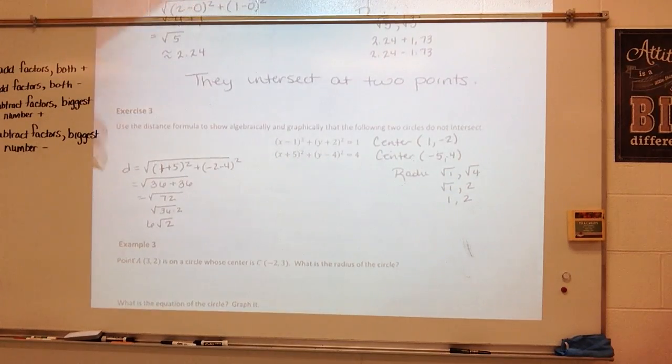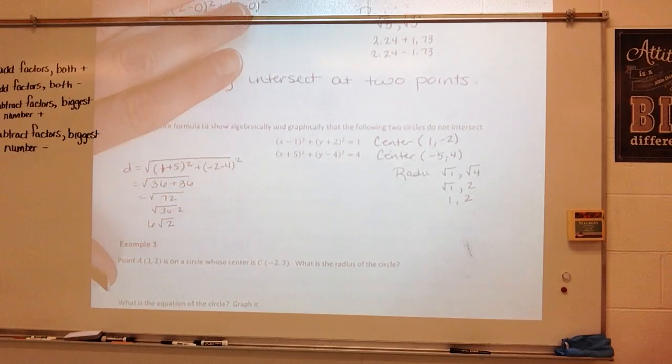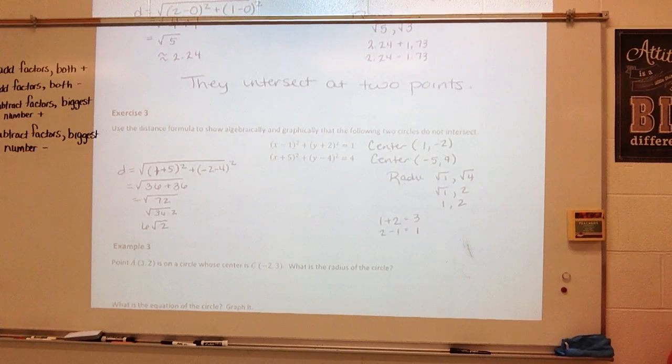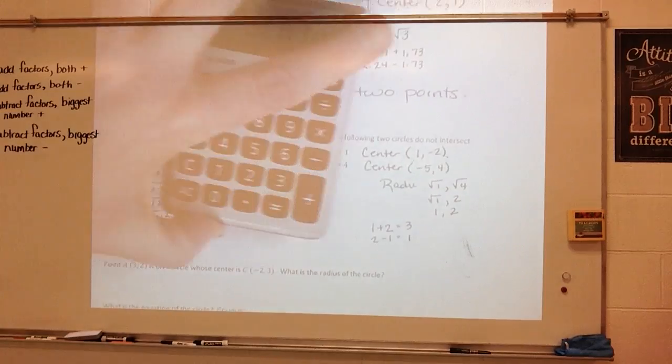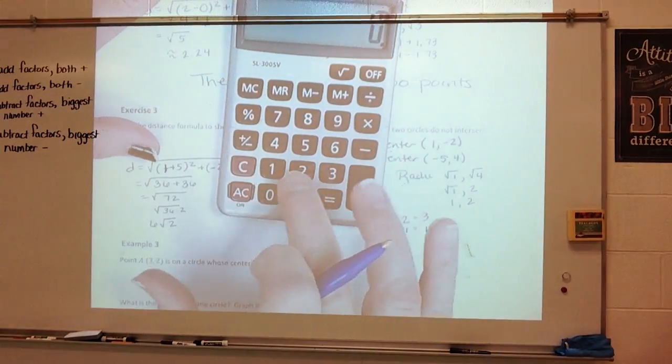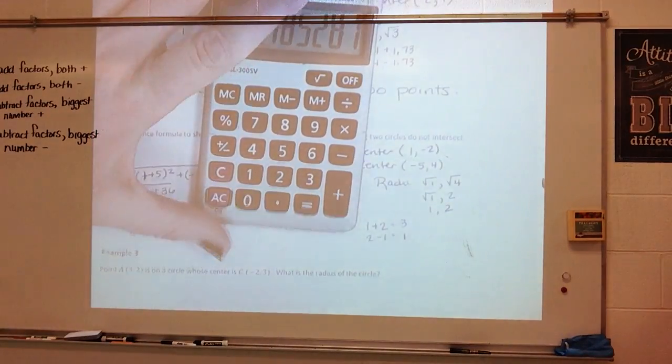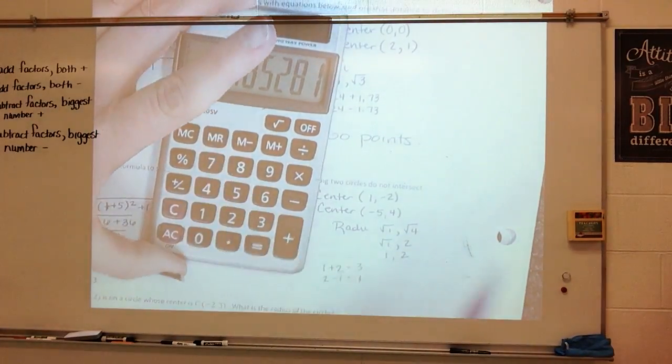Looking at this, I've got 1 plus 2, or 2 minus 1. So it would have to be somewhere between 3 and 1. Let's look at 6 square root of 2. Let's take the square root of 2 and multiply that times 6. It is around 8 and a half.